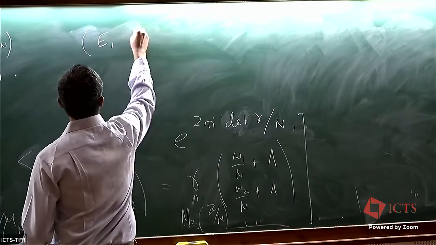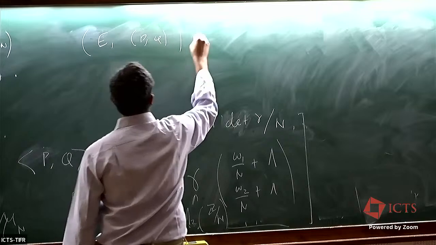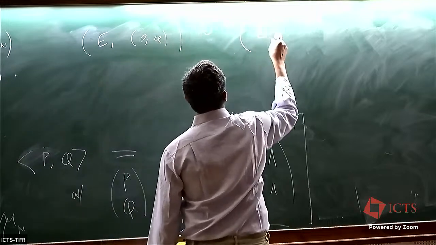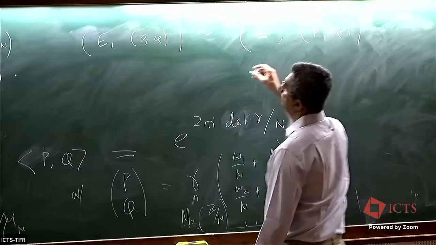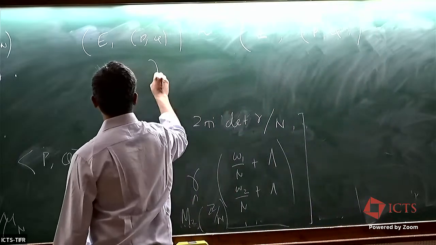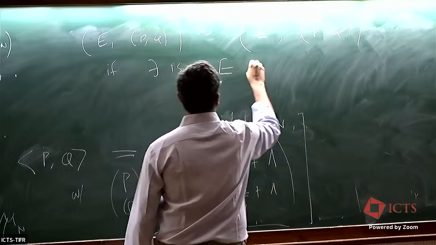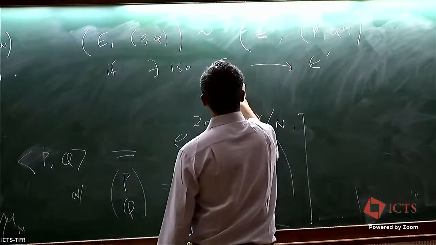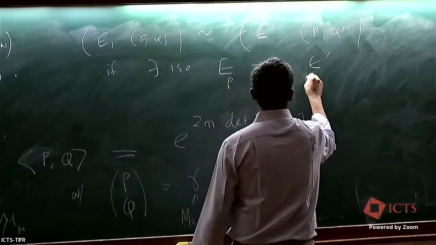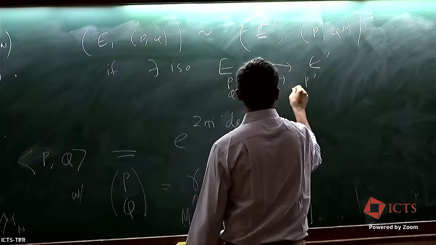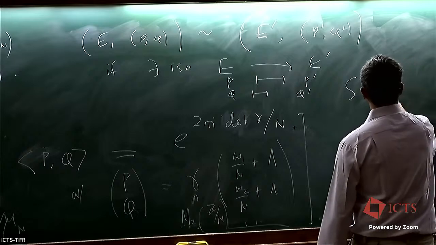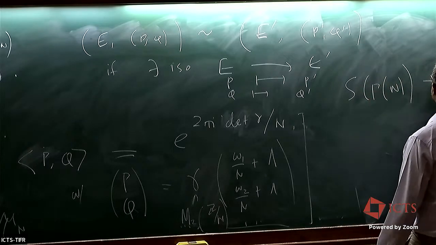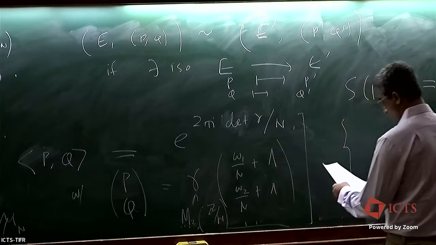So E, P, Q, the obvious definition, is said to be equivalent to E prime, P prime, Q prime, if there exists an isomorphism E to E prime, taking P to P prime and Q to Q prime. And finally, we define S of gamma n to be the set of all such equivalence classes.